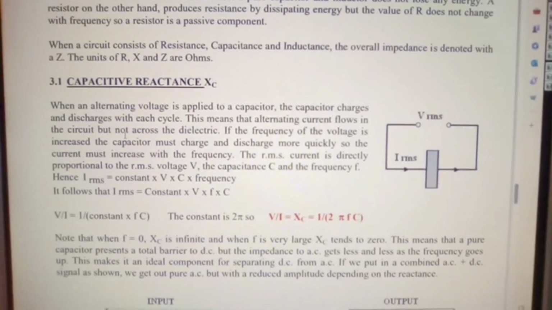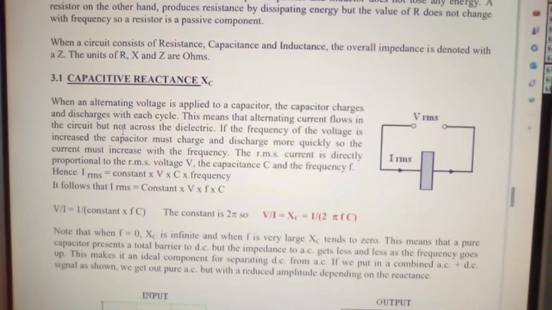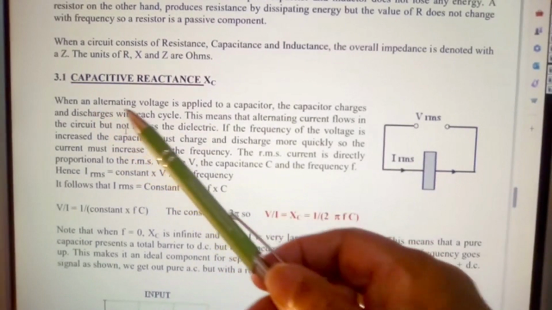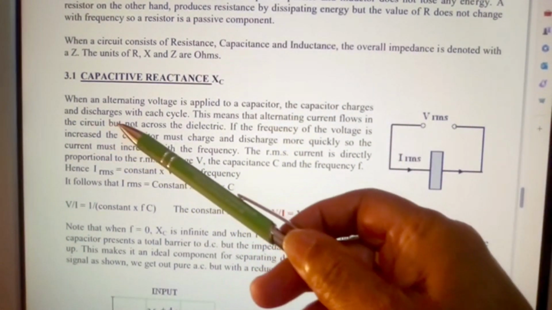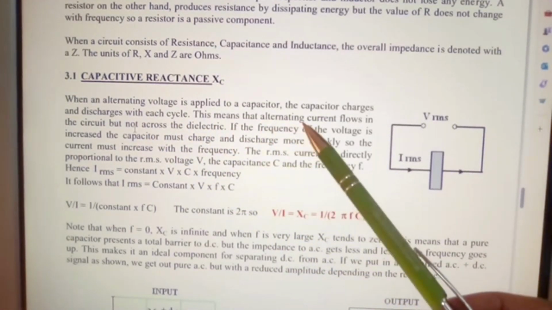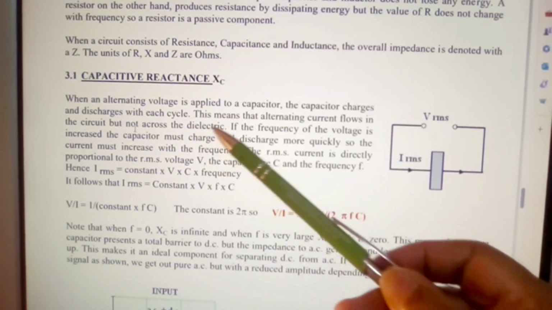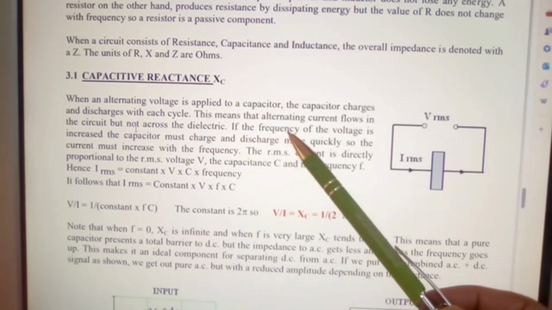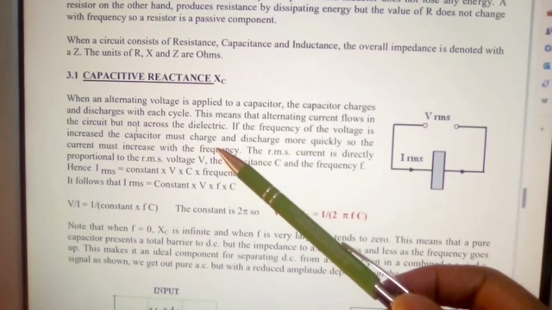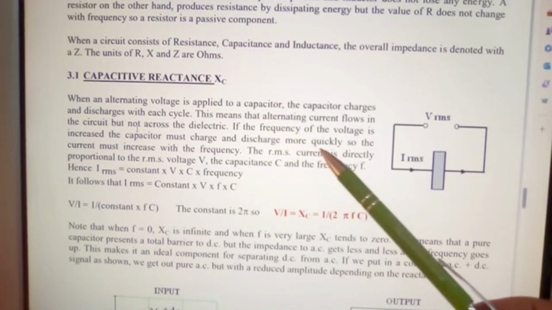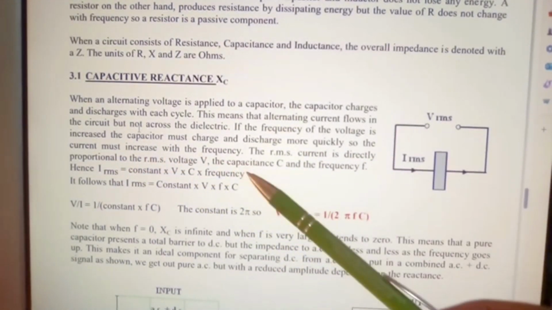Now, when an alternating voltage is applied to a capacitor, the capacitor charges and discharges with each cycle. This means that alternating current flows in the circuit but not across the dielectric. If the frequency of the voltage is increased, the capacitor must charge and discharge more quickly, so the current must increase with the frequency.